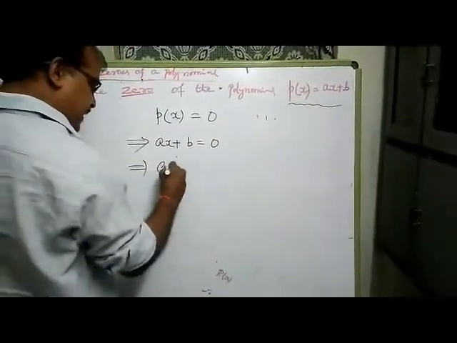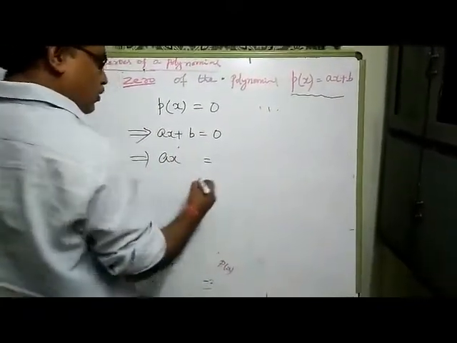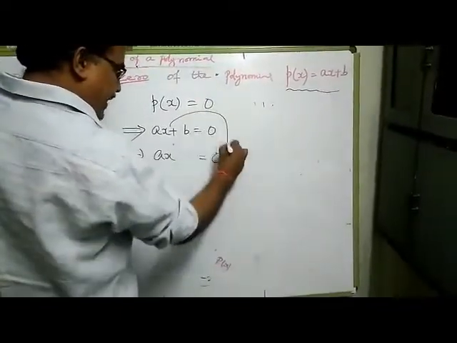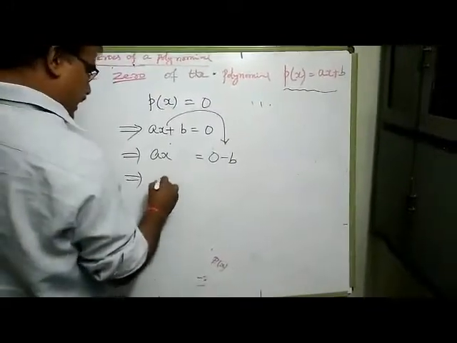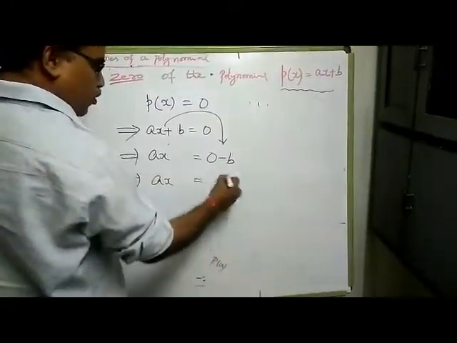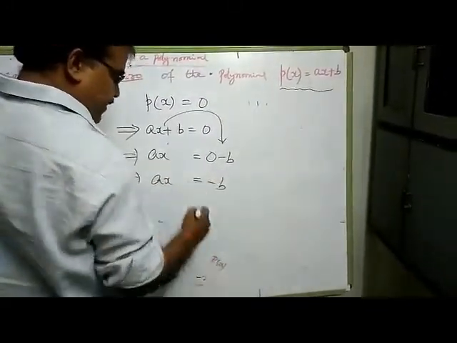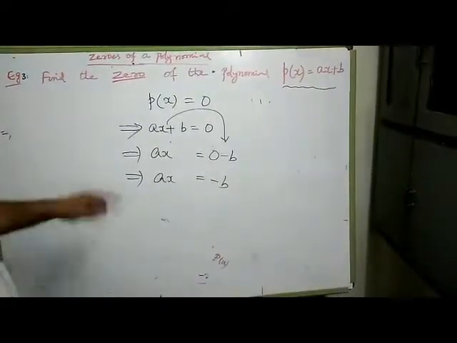That implies ax is equal to 0 minus b, so ax is equal to minus b.